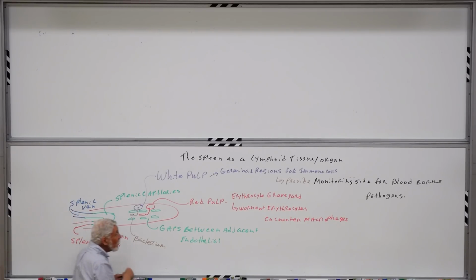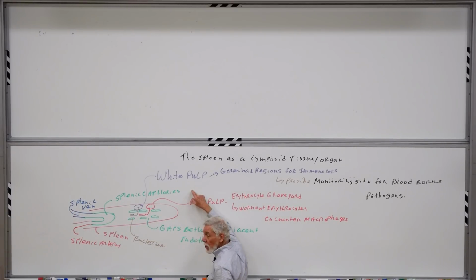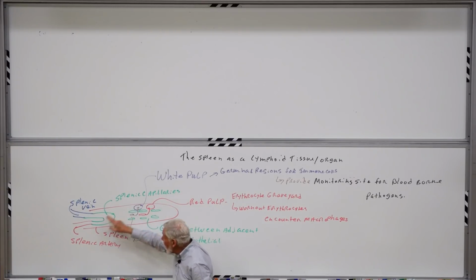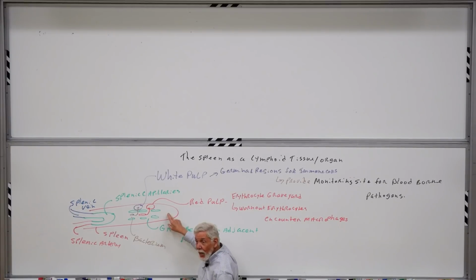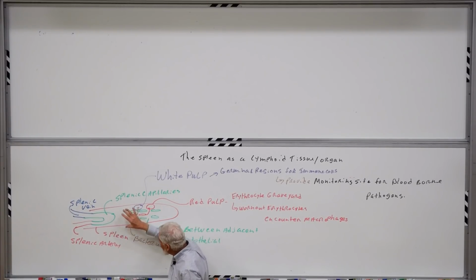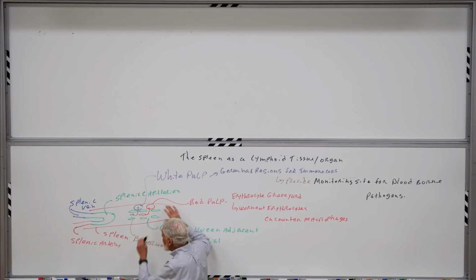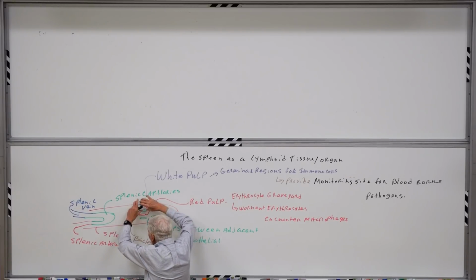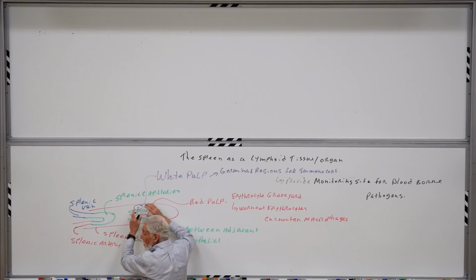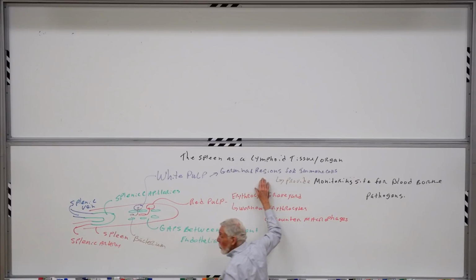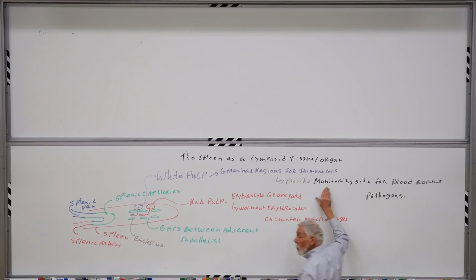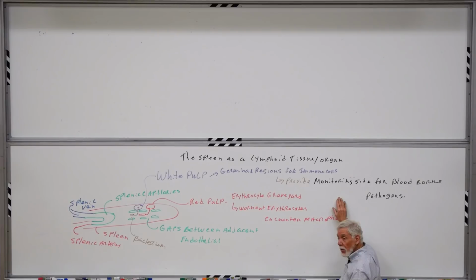You have a slightly greater incidence of blood-borne pathogens, and it's worse if the surgery occurs in a child. But for the most part, many of the aspects of what goes on in a spleen can be taken over by the liver. But what I want to emphasize is that we have regions within the spleen where immune cells congregate, and those immune cells provide a site where we can monitor for blood-borne pathogens and mount an immune response to them.